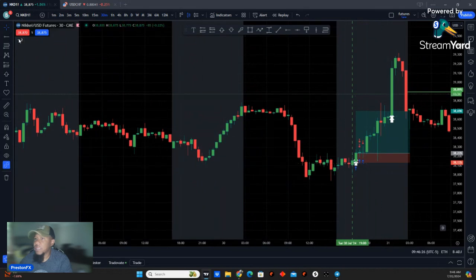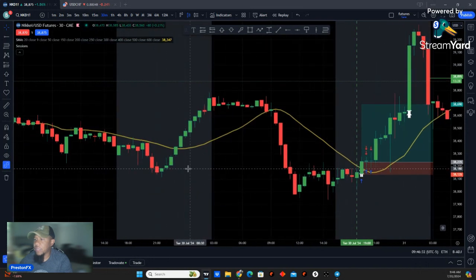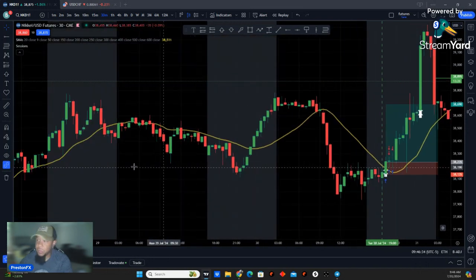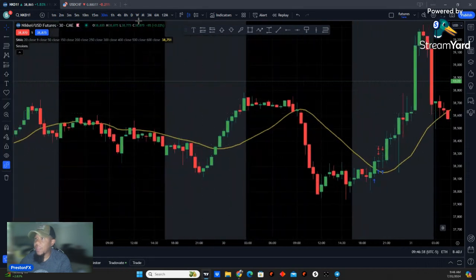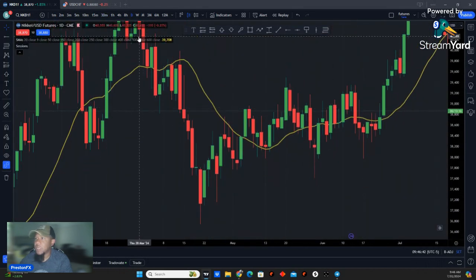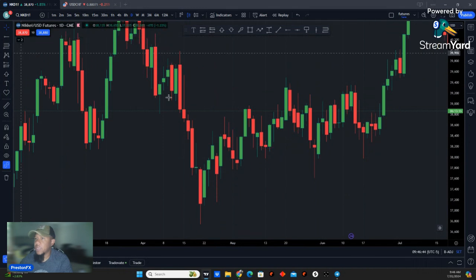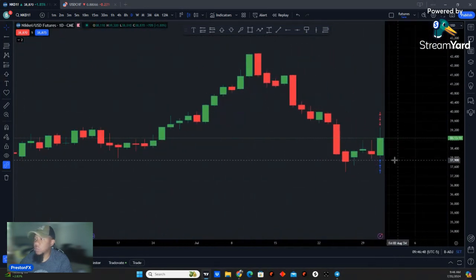On the 30-minute time frame, let's bring our indicator back in. If you can see right here, that's when, now let me get rid of this. That's when what I do is I go to the daily time frame, and I mark off the previous day highs and lows.